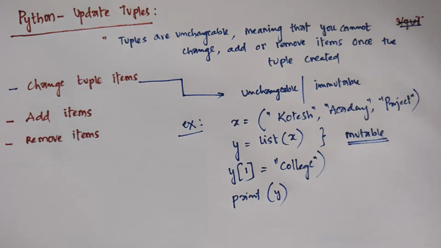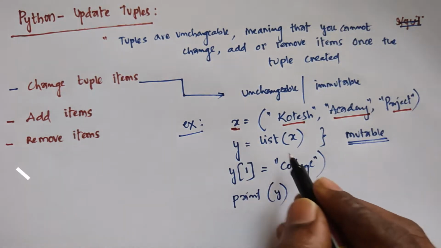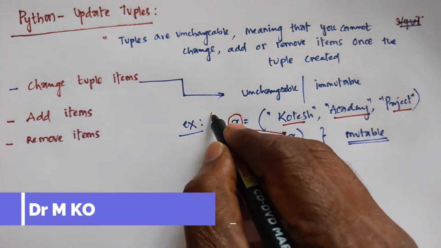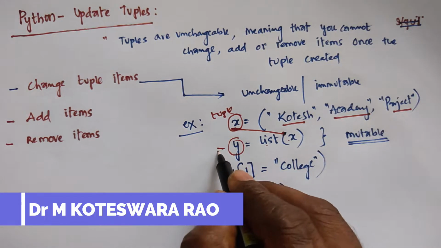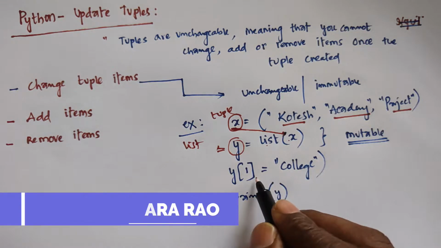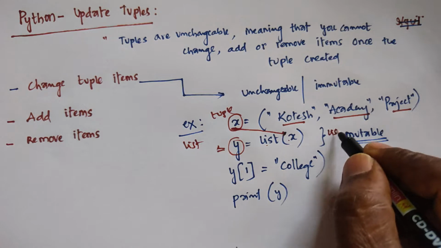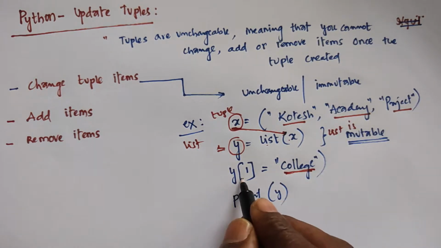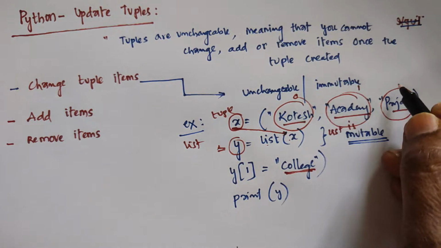The first concept: there are three items, all stored in the x variable. Here the x value is a tuple, but with list of x you get the y value as a list. To change, add, remove, everything is flexible only in a list. Your list is mutable. This is position 0, this one is position 1 and position 2.